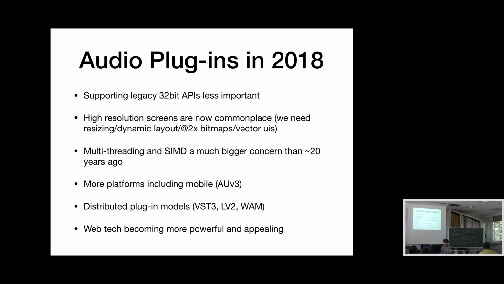Lots of plugin companies are now porting their products from desktop formats to mobile. And the trend is to have distributed plugin formats. So this is where you might have the DSP and the UI in separate processes, so you can't get a pointer to the UI from the DSP part. And there's several formats which can optionally have this, or maybe have to have this.